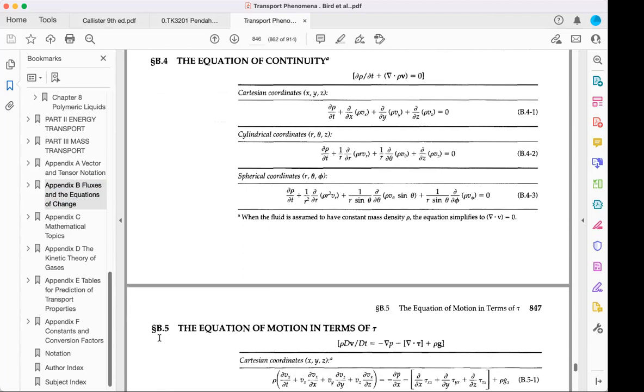Okay. So here is the equation of continuity. This is for the Cartesian coordinate. This one is the one that we developed just before, and then this one is cylindrical coordinates, where it becomes a function of Vr, V theta, and Vz.